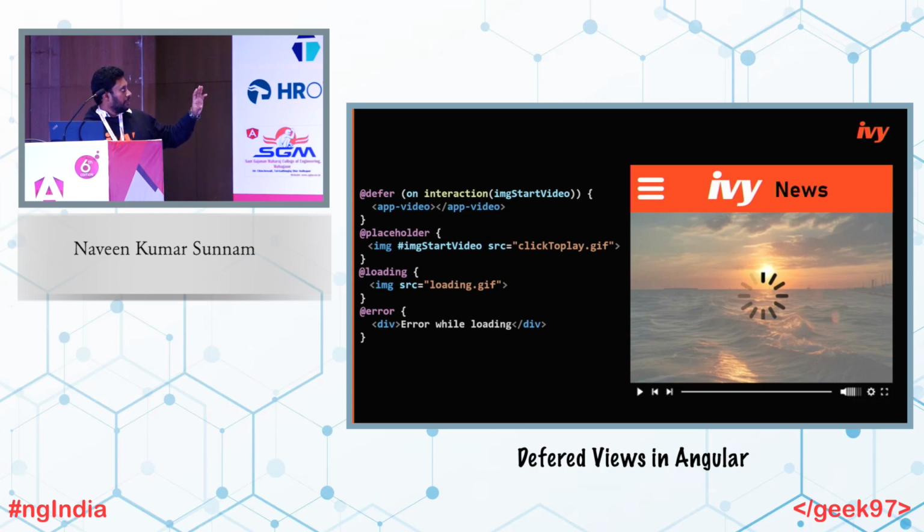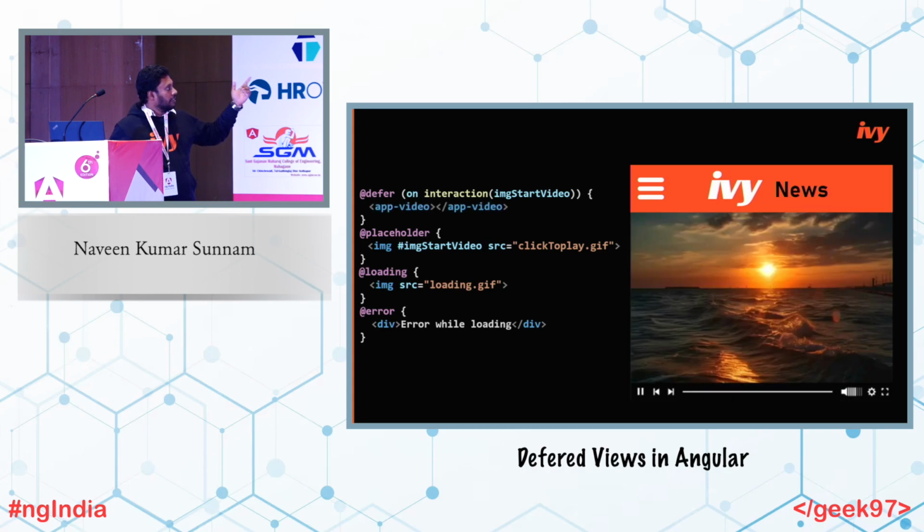During this time period, we start loading the dependencies of your main deferred component, the app video. Once the load is complete, this app video will initialize and finally replace the content. This is basically the workflow between the blocks, and this is how the UI gets transformed.